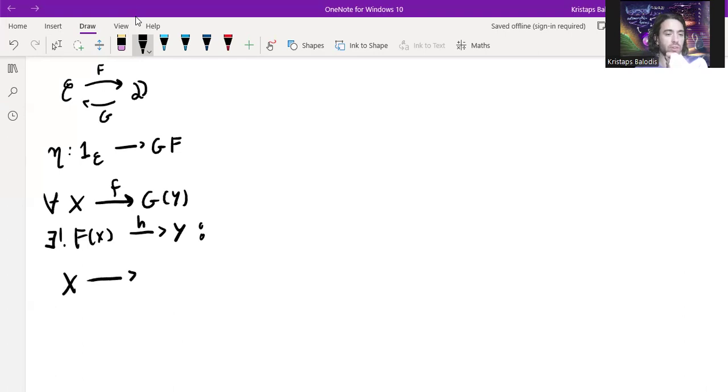So we have eta, a natural transformation, so in particular it gives us a morphism from X to GF of X.